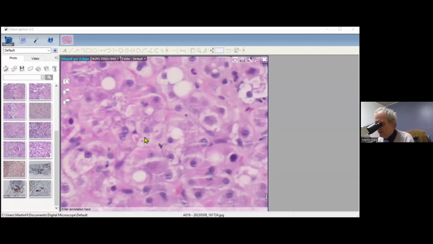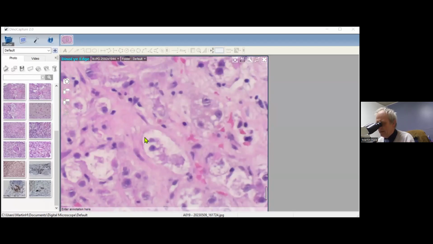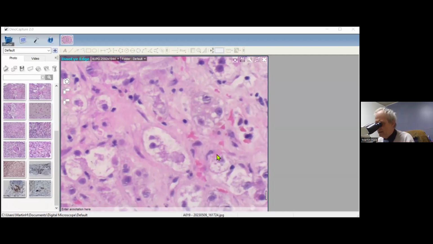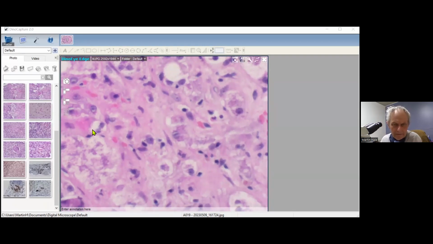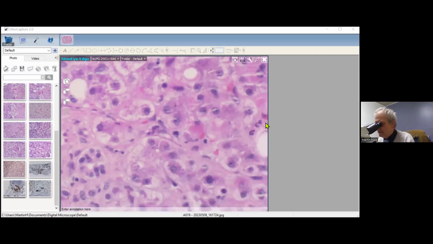There's another one there, for example. I think there's probably one there, and there is another one down here. Those look as though they are red cells, I think. But certainly, Mallory-Denk bodies are easy to find.